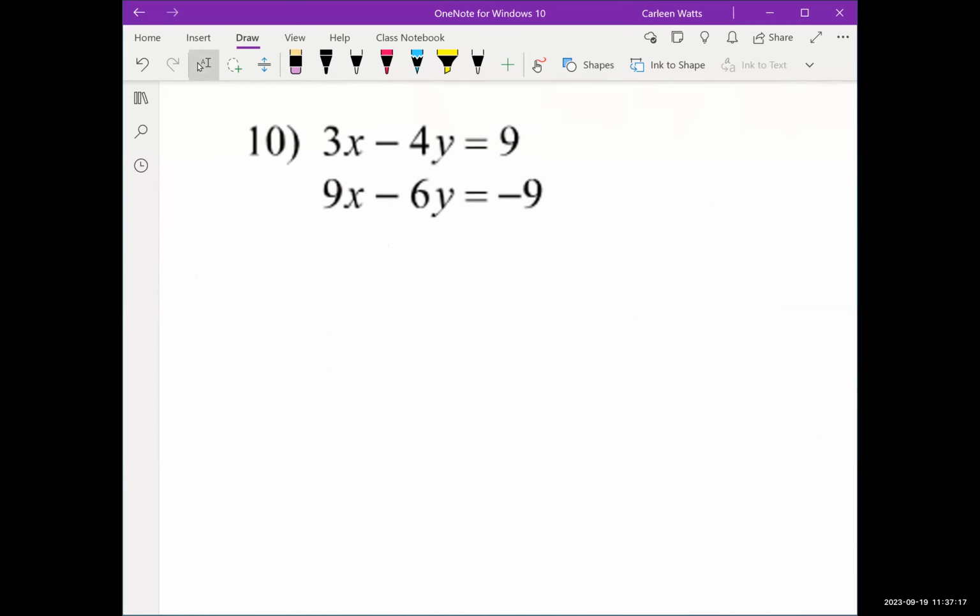Now, it's not quite so obvious which variable I should pick. So we have two equations in standard form. Pick a variable to cancel.